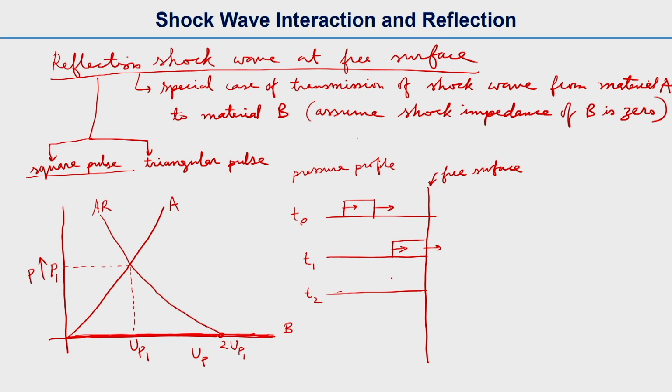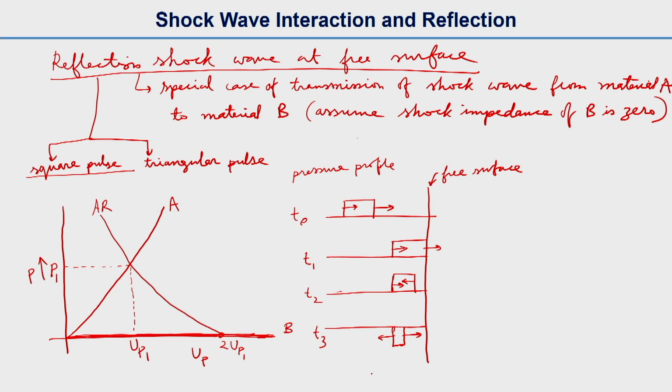The wave reflecting back is also a release wave from the free surface, and the release wave of the primary wave is from left to right, so they come towards each other, and at time t equal to t3 it will generate a tensile wave, because of the interaction of both the release waves.